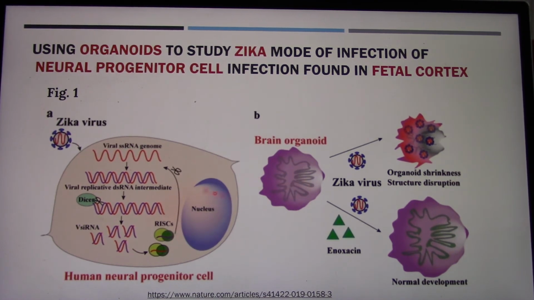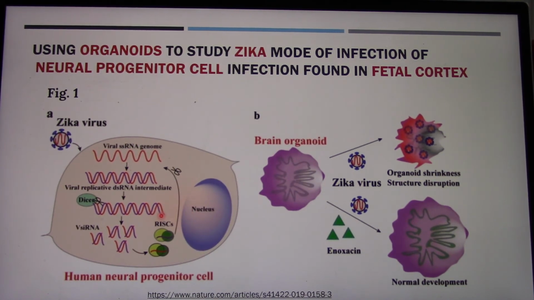But it's in these neural progenitor cells. And so what's happening in these cells as they're battling this virus is that they're focused on battling the virus instead of doing their job, which is to replicate and create cortical brain cells, neuron cells.